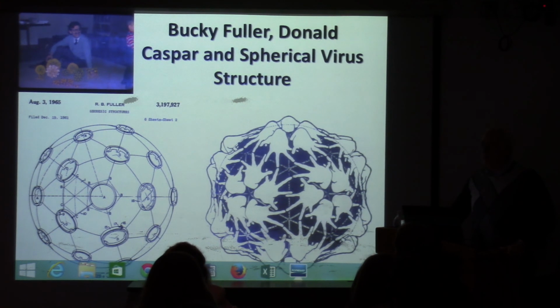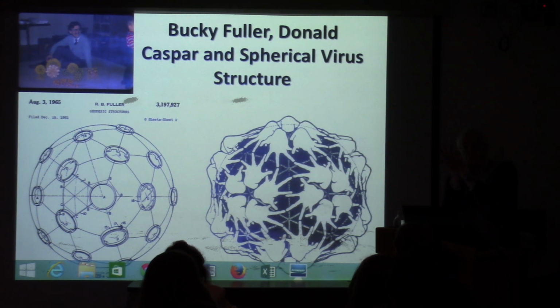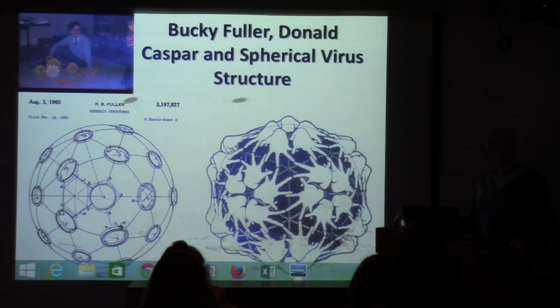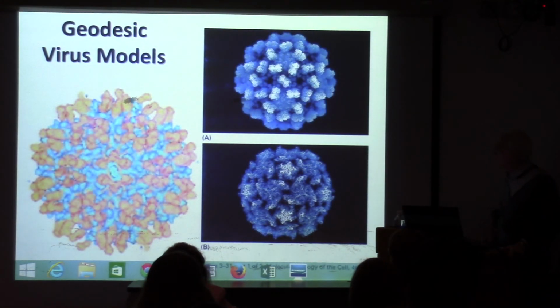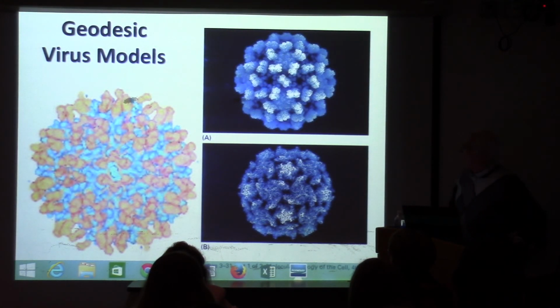On the right is one of Don Casper's drawings of how, if you had proteins that looked basically like hands, we have an analogy here, how would those hands intersect to make a virus structure? So they had long discussions about this, and if you actually read the papers that Casper publishes, he cites Buckminster Fuller as the source of his inspirations and the basic design principles that go into the viruses. And in fact, when you look at these viruses, you can see that there are groups of 6 and groups of 5.